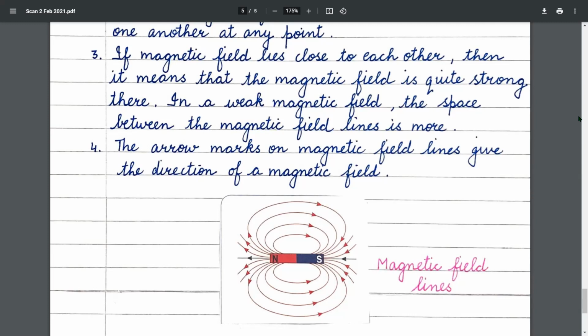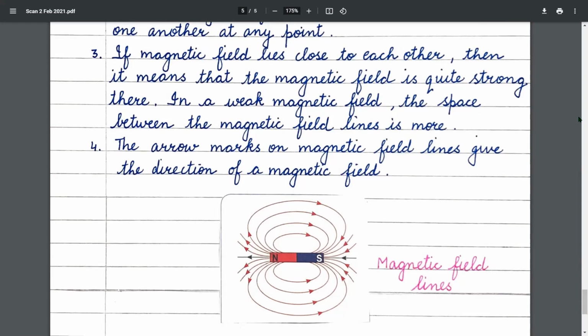If magnetic field lines lie close to each other, then it means that the magnetic field is quite strong there. In a weak magnetic field, the space between the magnetic field lines is more. The arrow marks on magnetic field lines give us the direction of a magnetic field.